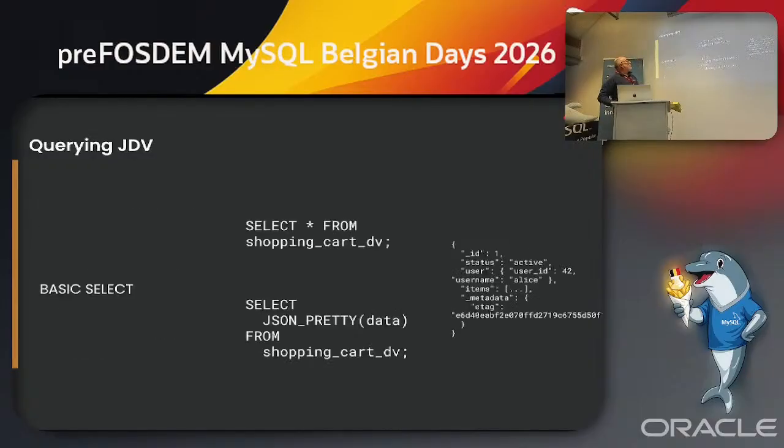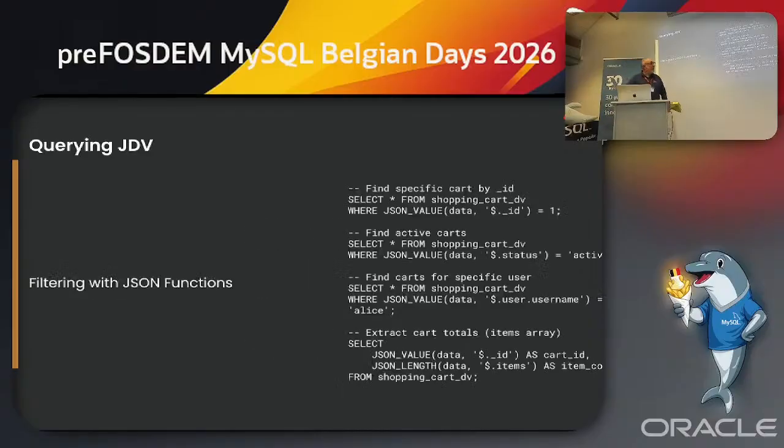Okay, so how do we query those views? Well, first of all, we can do a full scan, and then we get all the list of shopping carts. We can do filtering with JSON functions. So I can say, okay, I want the shopping cart, I know the ID of the shopping cart, so I use JSON value for that specific shopping cart.